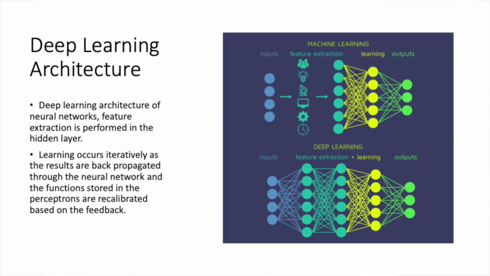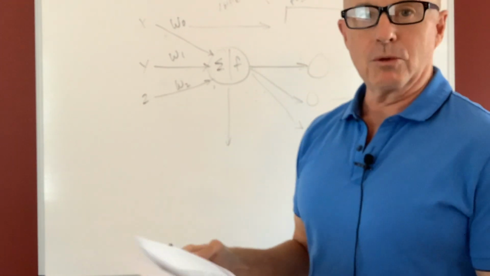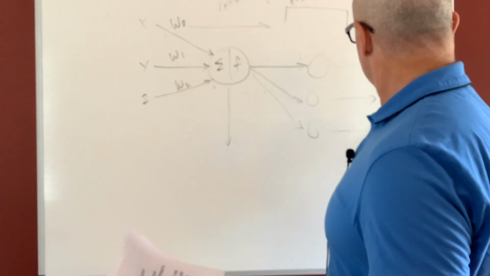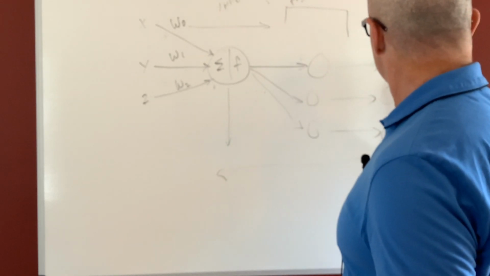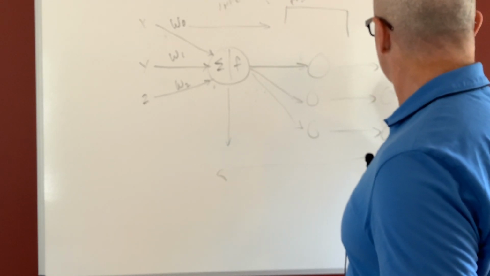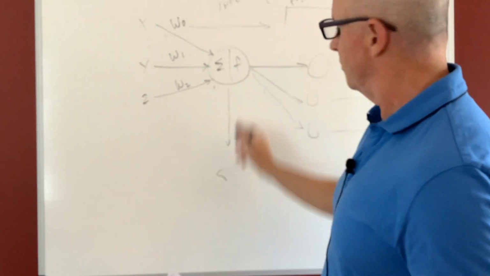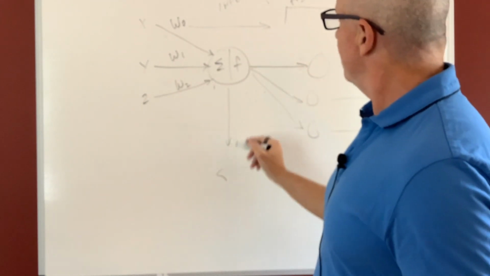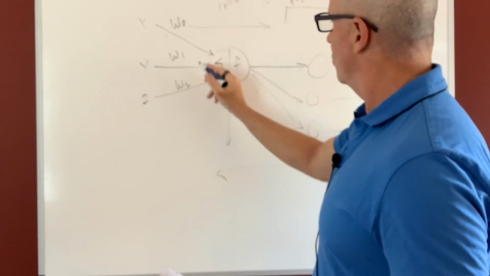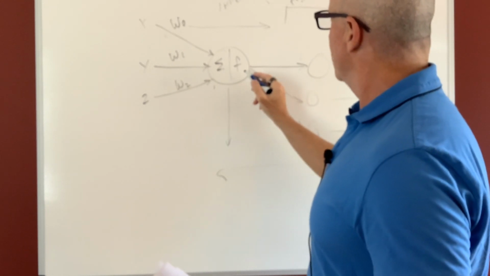There's what we call forward propagation, which goes forward through this neural network. And then with these outputs, there's what we call backpropagation. Backpropagation takes the error that's happening out here and feeds it back through the different layers of nodes, and then adjusts for what is happening in those nodes, what the weights are, and readjusts those weights to reduce the error.